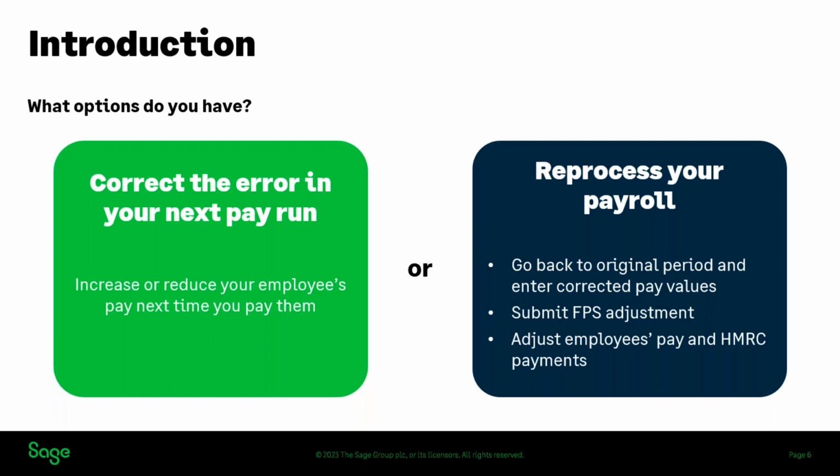Now, when you do this, you'll end up submitting an FPS adjustment once you've completed the correction, which we're going to cover later on. And you will need to make some adjustments to your employees' net wages, HMRC payments, potentially pension payments that you've made to your provider, and nominal link postings. So we'll try and give you some guidance on making that process a bit easier as we go through the webinar today.